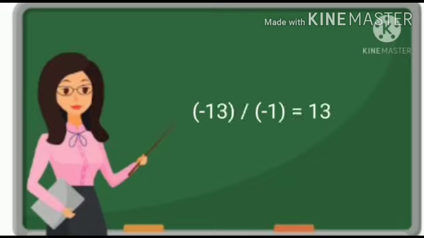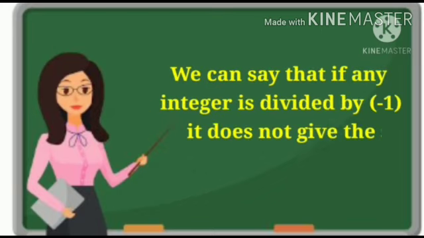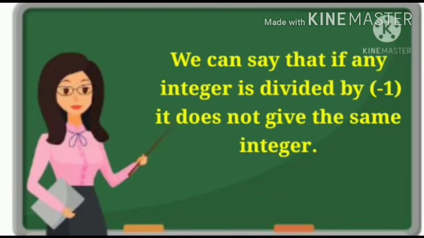Minus 13 divided by minus 1 is equal to 13. Minus 48 divided by minus 1 is equal to 48. What do we observe? We can say that if any integer is divided by minus 1, it does not give the same integer.